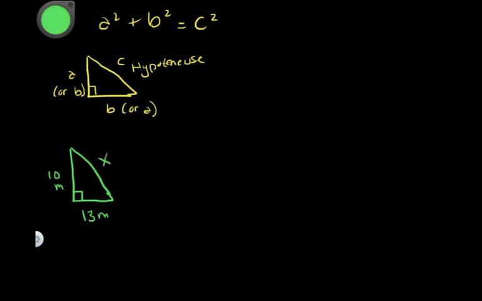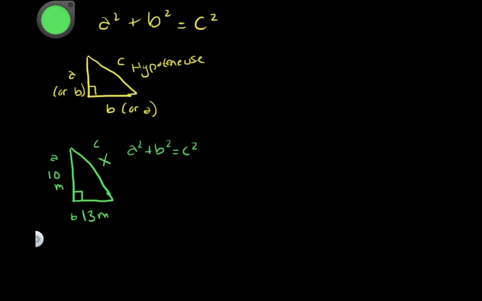This is our x. So we have to find our missing side using the Pythagorean theorem. So a squared plus b squared equals c squared. If we say that this side is a and this side is b, and my x is c, we can solve this by plugging these in.